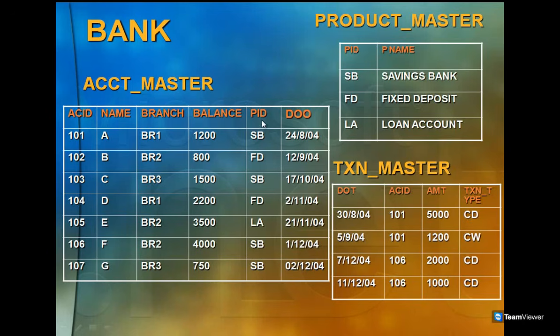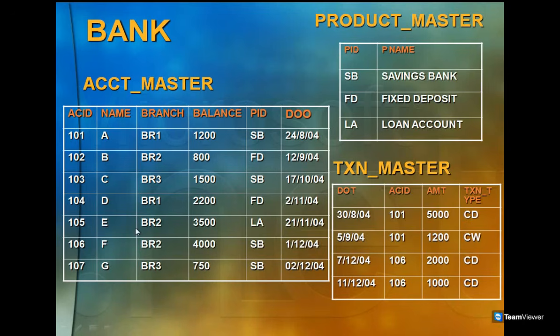The products we have are savings bank, fixed deposits, and loan account, plus the date of opening the account. We have different columns like that. When you open an account in a bank, this table gets your name, address, everything.